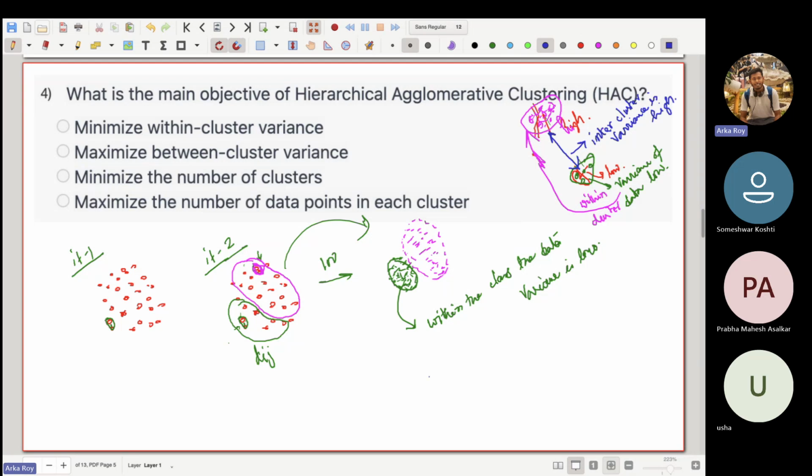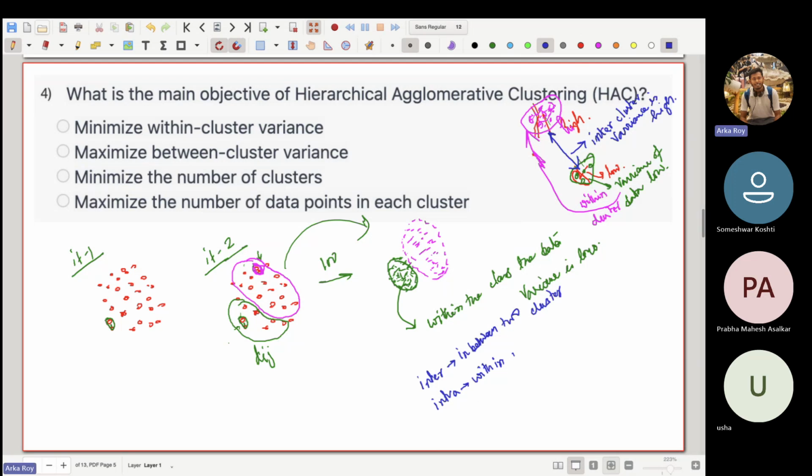So there are two terms: one is inter and another is intra. Intra means within a cluster, and inter means in between two clusters.